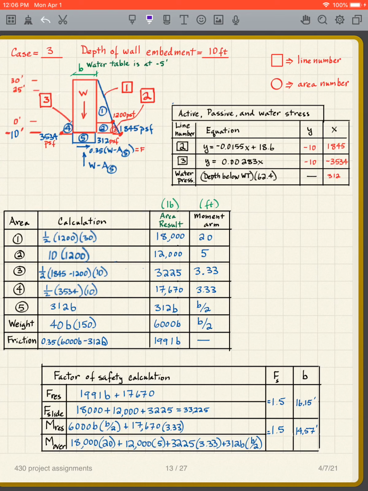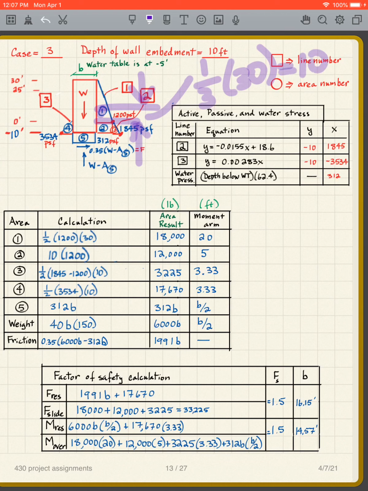You can all do this. So what do I know? The centroid for that triangle is 1/3. I go up 1/3. That distance is going to be 1/3 of 30, 1/3 of the total, which is 10.